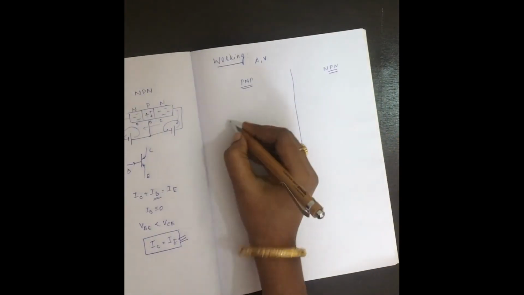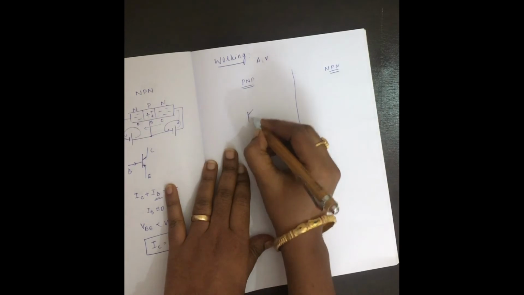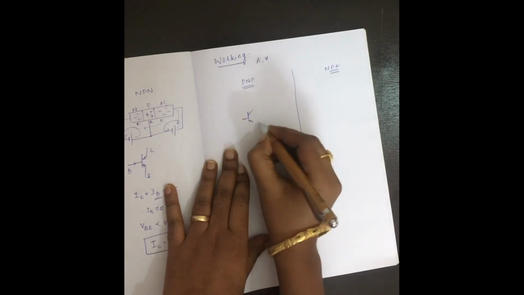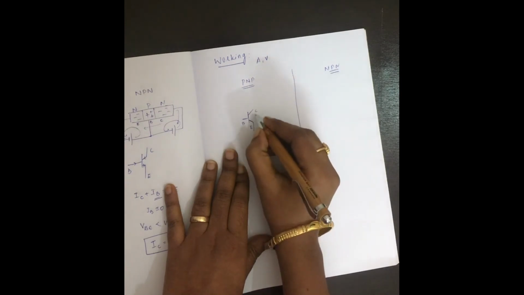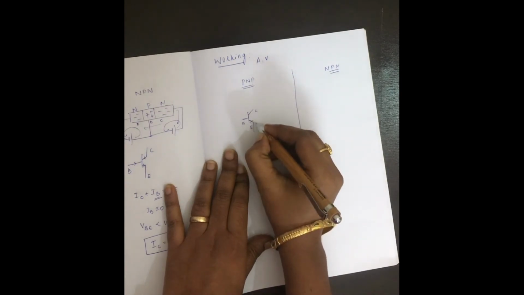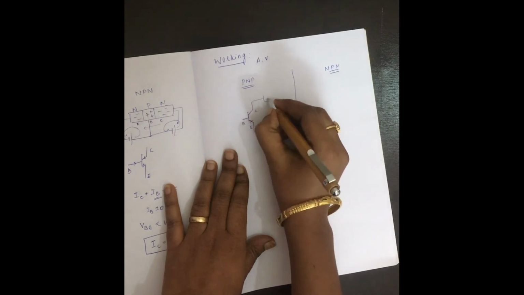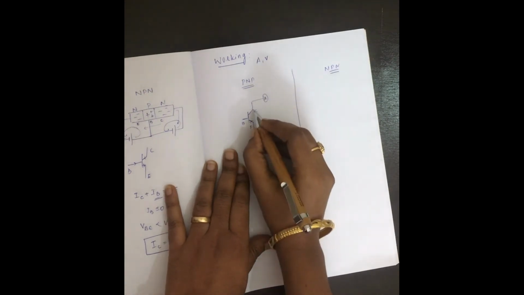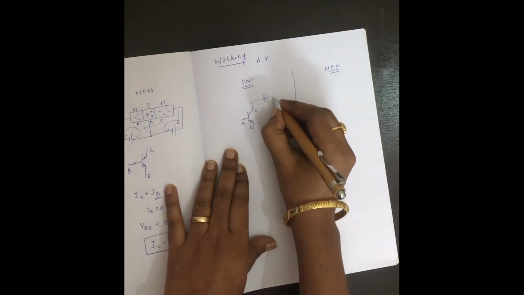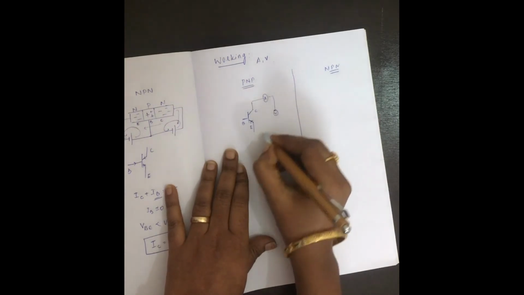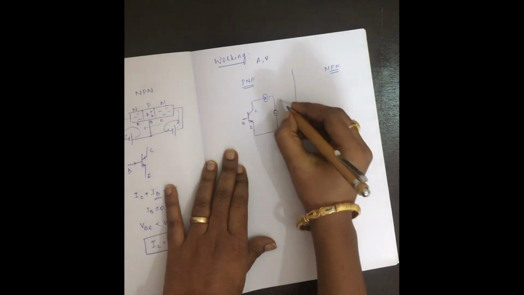So for PNP we know, I have already told, this is the symbol: emitter, base, collector. For a PNP, current flows from collector to emitter. I am connecting an ammeter to measure collector current, and then a voltmeter to measure output voltage, that is VCE.